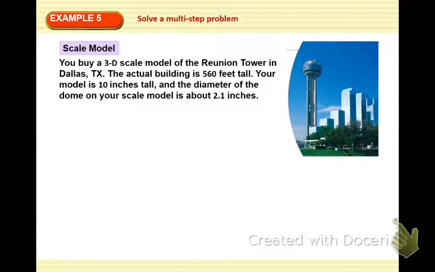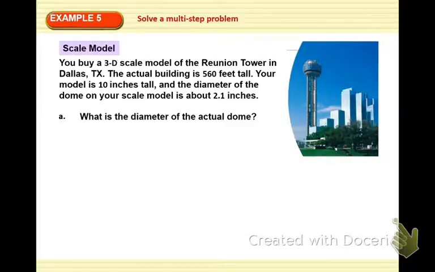So how can we set this up? What ratio would we start out with? Okay, we're going to take the height ratios. The height ratio is a linear distance. Let's put the actual one on top. It doesn't matter. You could put the scale model on top over the actual, as long as you did that on the right too. But let's just do it in the order they gave us the information.